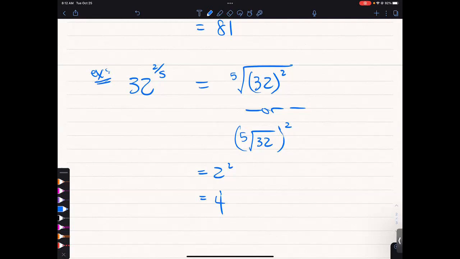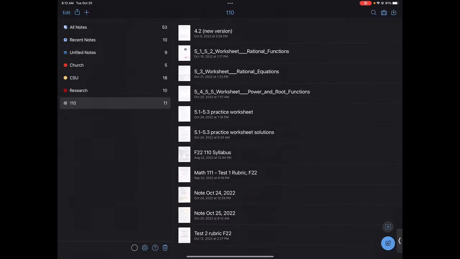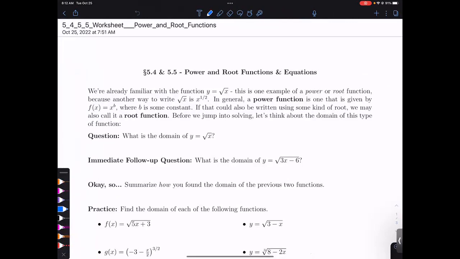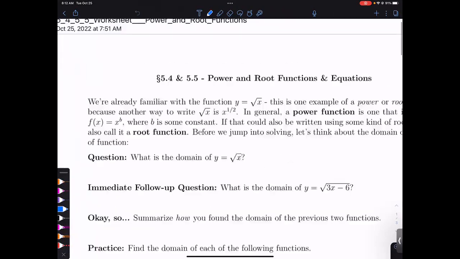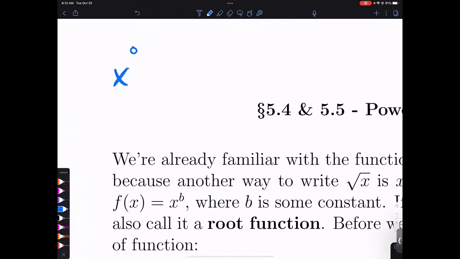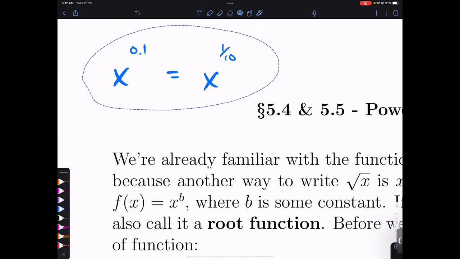Okay, cool. So we're going to talk about functions involving some kind of power like that, right? This would include stuff where, if you had a power like x to the 0.1 or something, because that's still a rational number, that's the same thing as x to the 1/10. So that kind of stuff counts as well if it's written as a decimal.